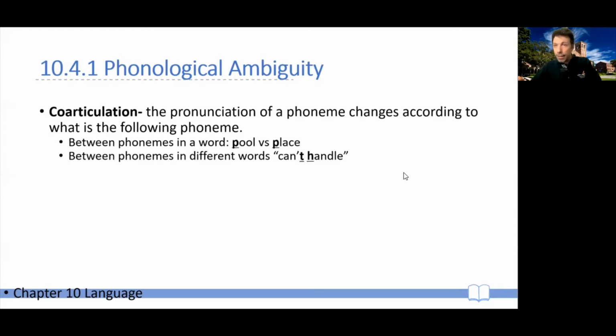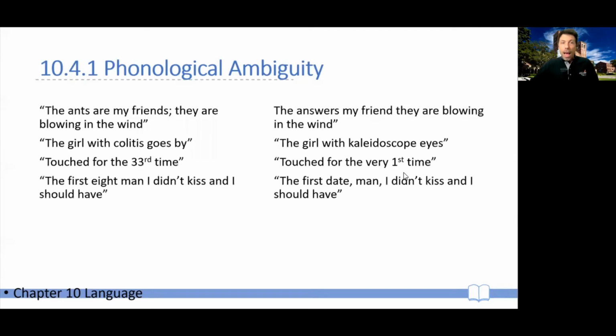And can't handle is a good example of co-articulation, where the T and the H get co-articulated. And as a consequence of this, you can get a lot of very funny misunderstandings and errors in reconstructing the sentence. And these are just some of the most famously misunderstood lyrics in popular music.